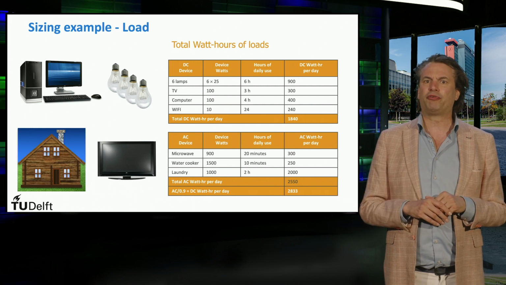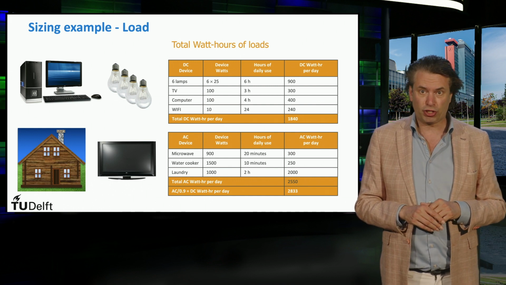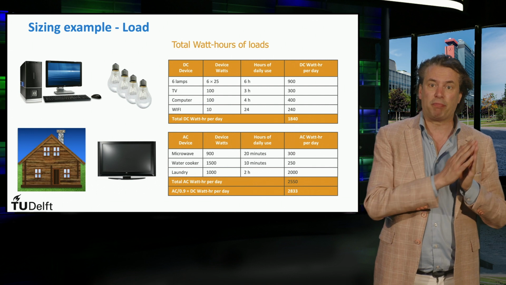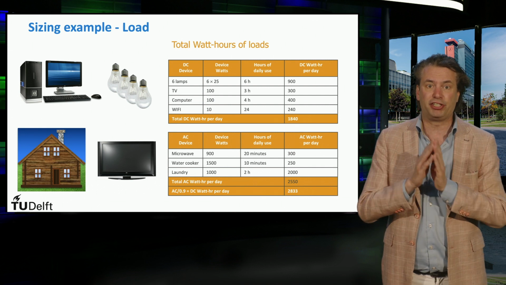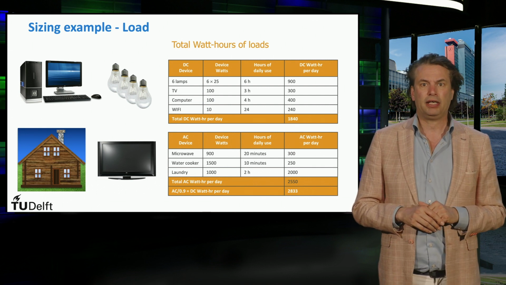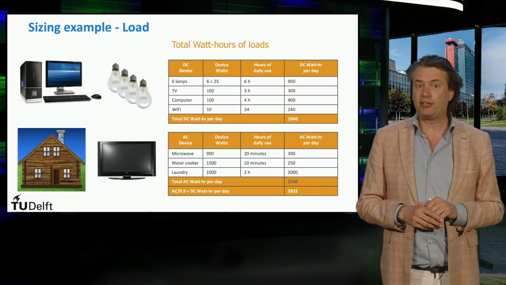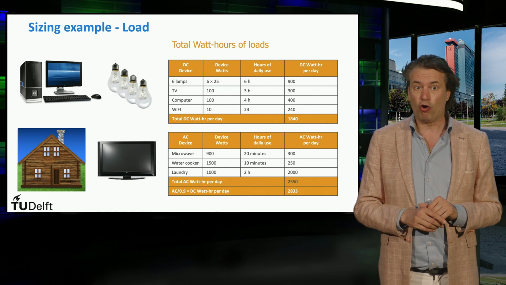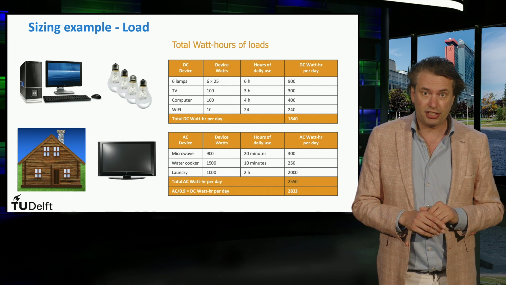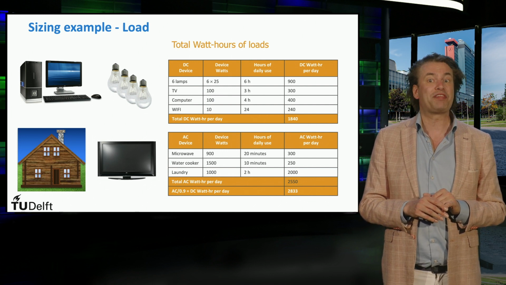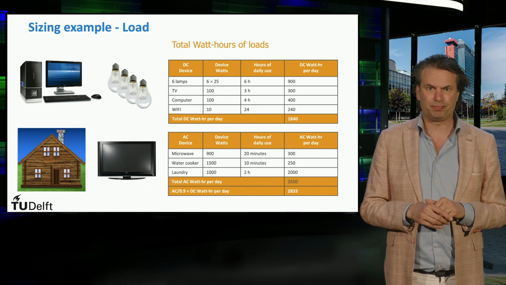The total energy requirement of the respective loads is calculated by multiplying the power rating of the load with its average daily operational time. In this example, we need 840 watt-hours per day of DC electrical energy and 2550 watt-hours of AC electricity.